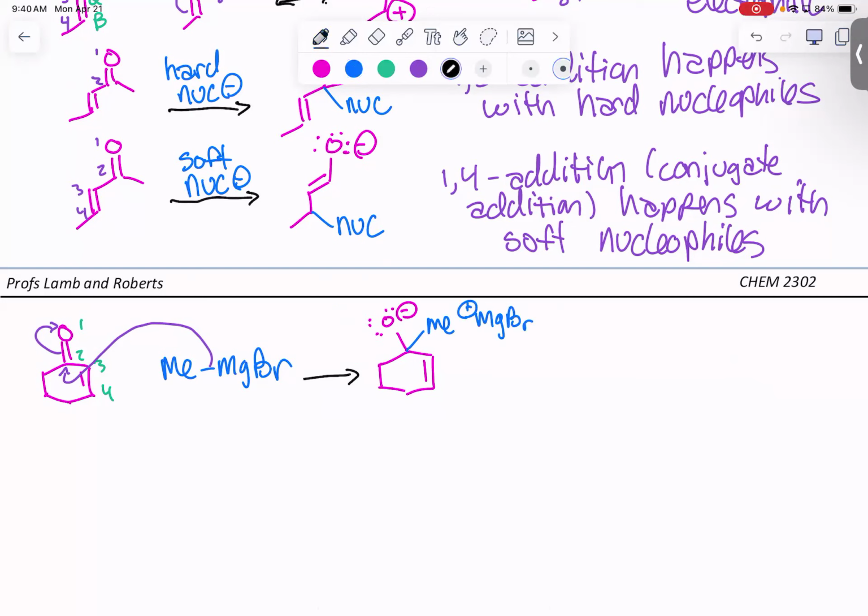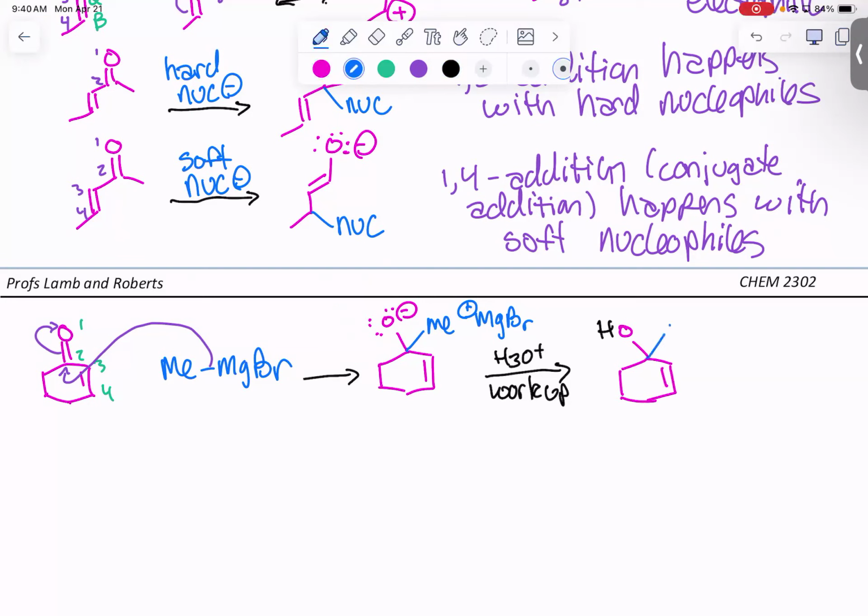All right, so we know with these types of reactions that we need to do something like an H3O plus workup, right? Water or a bit of weak acid. And then we know that we protonate that alkoxide to form an alcohol, right? That's the only thing that this H3O plus workup does, right?